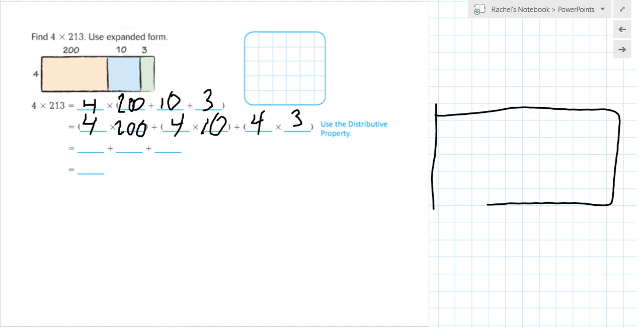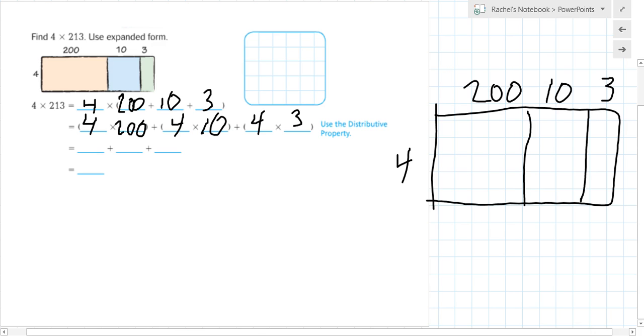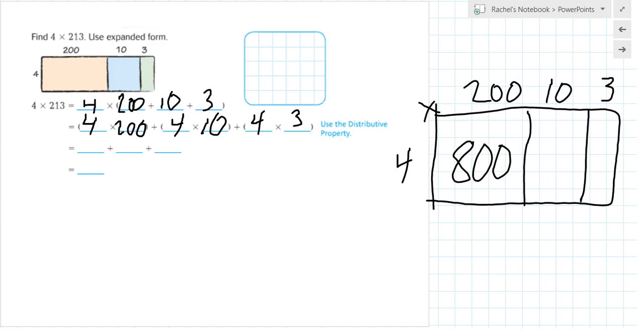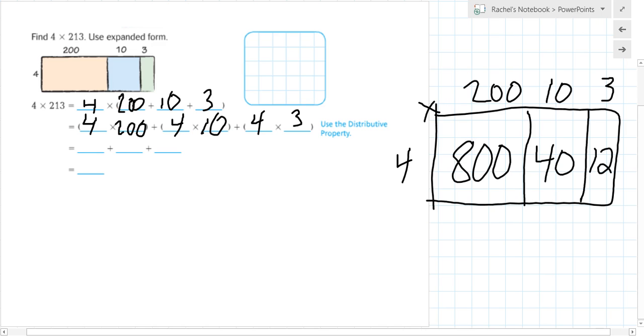That would also look the same if we were drawing our rectangle as you saw above, breaking apart the 3 numbers. So we have some really easy mental math numbers to work with. We're multiplying 4 times 200. 4 times 2 is 8 with 2 zeros. 4 times 10, and 4 times 3.